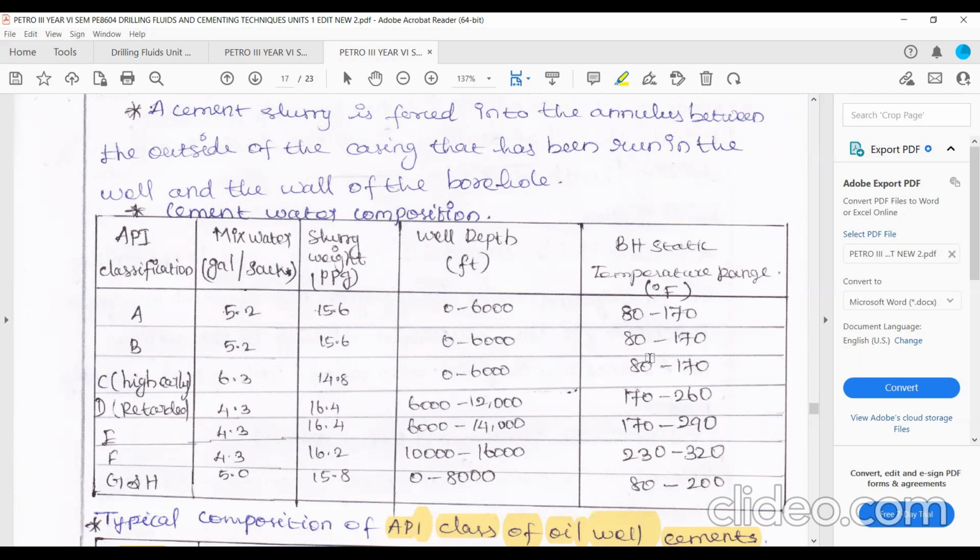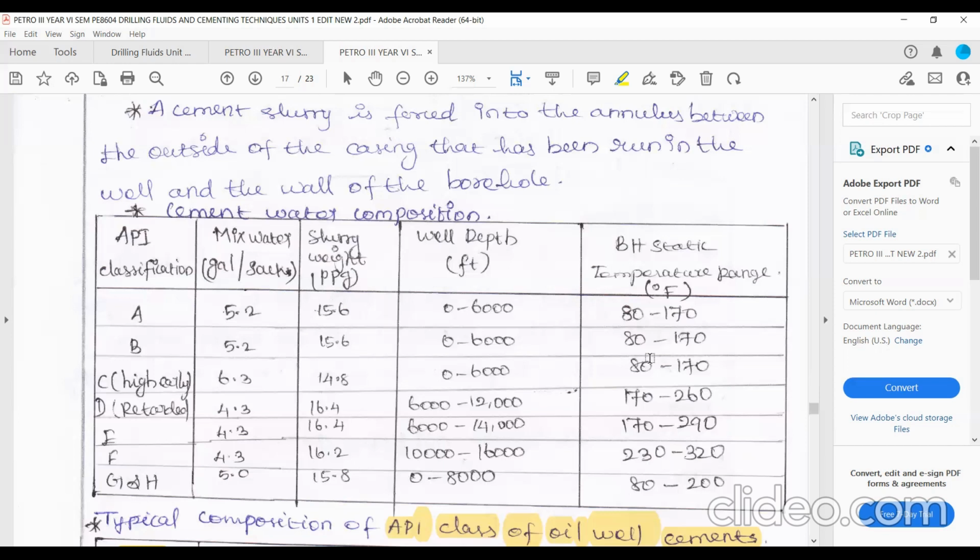Class A cement, according to the American Petroleum Institute, is referred to a well depth of 0 to 6,000 feet. And BHST, that is bottom hole static temperature, not BHP, ranges from 80 to 170 degrees Fahrenheit.